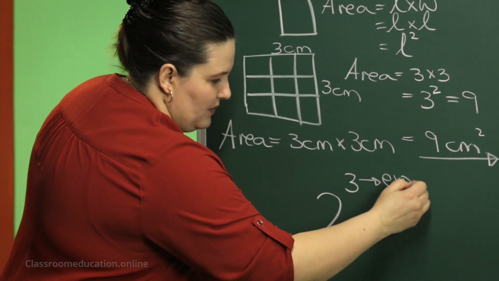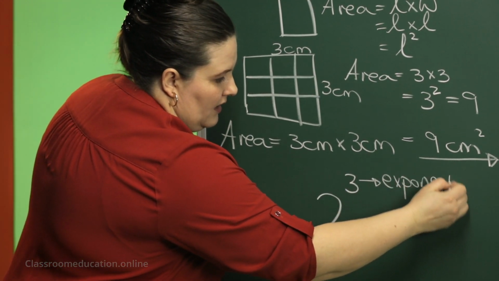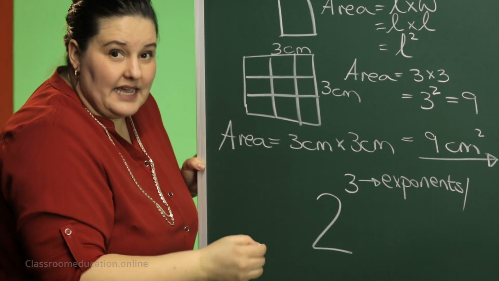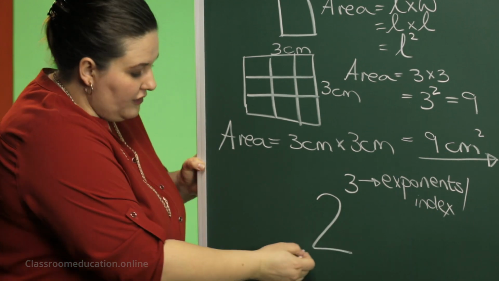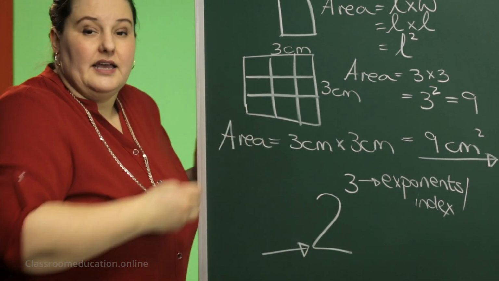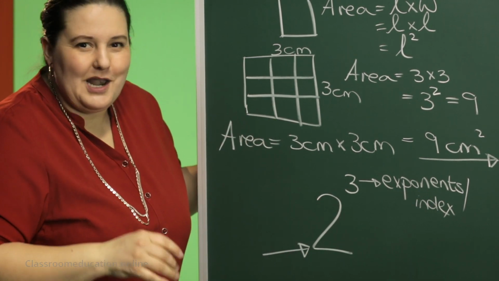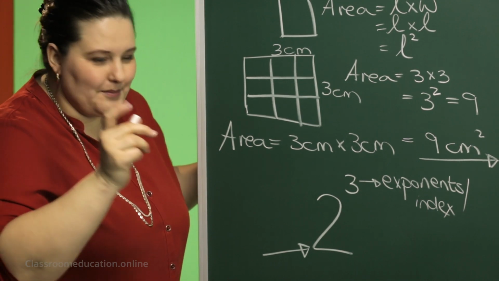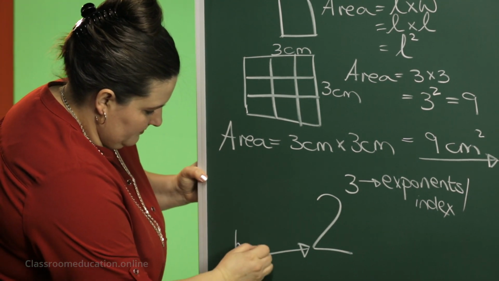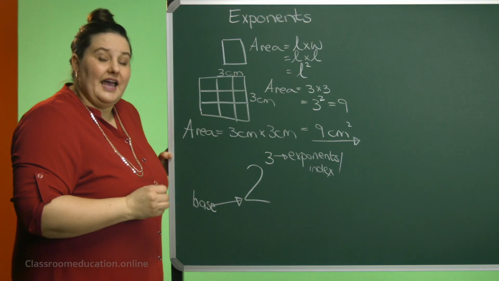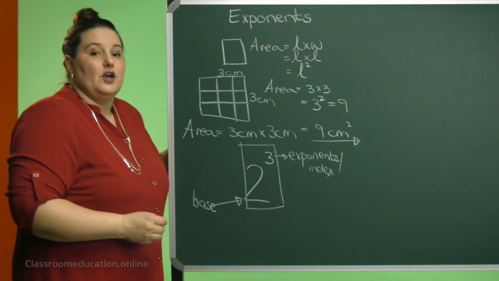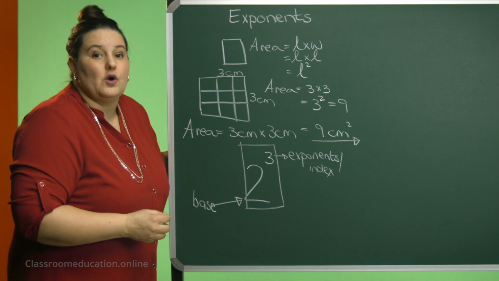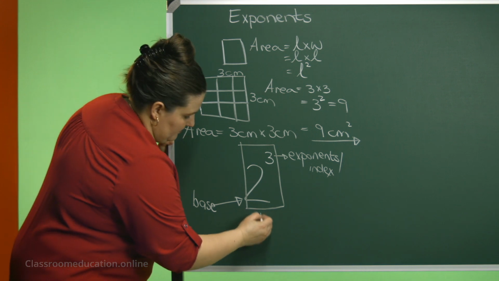That's the exponent, or I can say the index. The 2 is the base. It's all about the base. The 2 is the base. And the whole thing, 2 to the power of 3, or 2 cubed, we call the power.